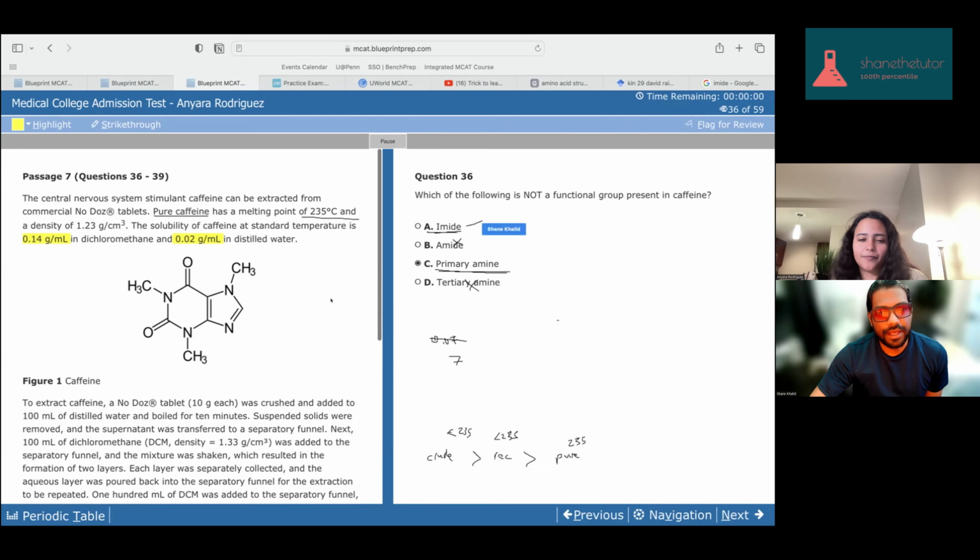So whatever this is, it must be present there, because we know that a primary amine is not present. So a lot of times you're going to go with probability. And when it comes to probability, you want to start off with things that you know for certain and go in that direction. So, yep, good job.